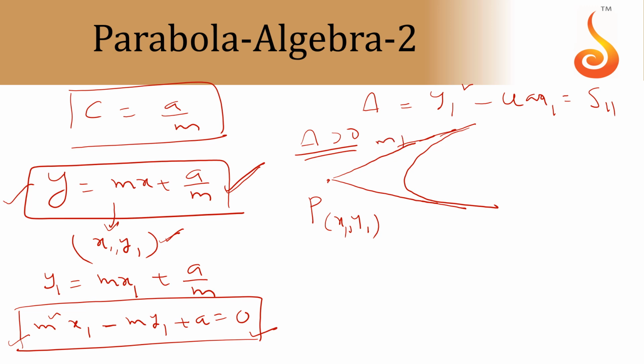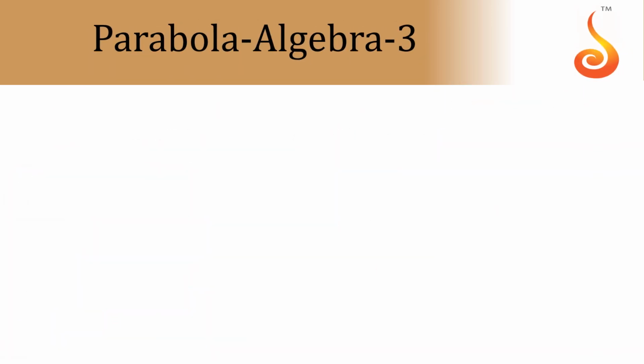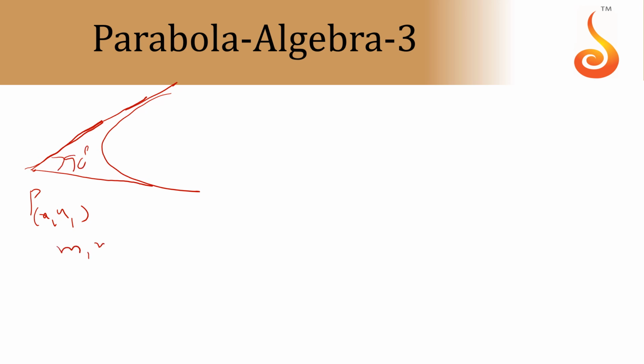Let m1, m2 be their slopes. Then from the quadratic equation, what is m1 plus m2? y1 by x1. What is m1 m2? a by x1. Suppose I draw two tangents to the parabola from a point P which are perpendicular to each other, so m1 m2 must be equal to minus 1.